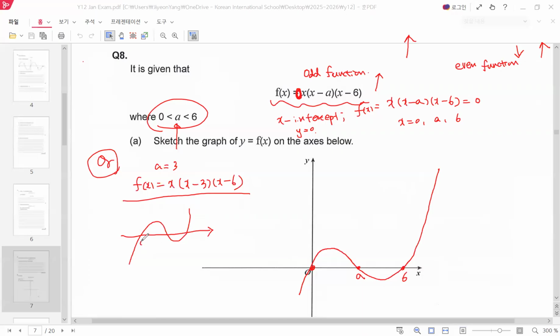And then 0, 3, 6. Then of course you can switch 3 to a. Do you understand? Even though you forgot how to draw this graph, by substituting a certain value, you can choose any value between 0 and 6 and draw a graph by using your own calculator. This is a kind of tip that you can use.